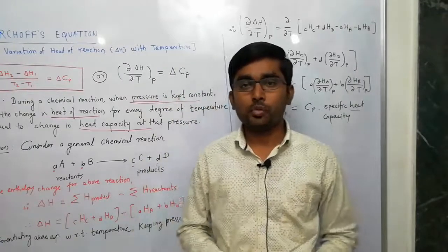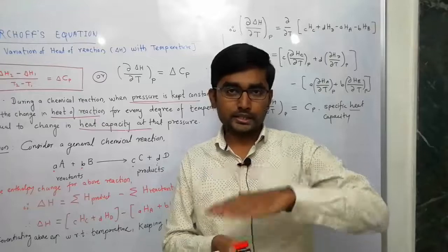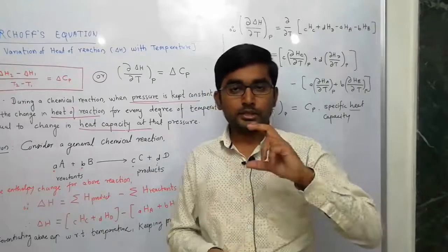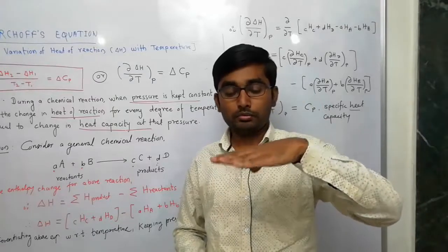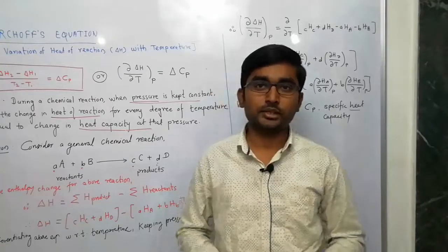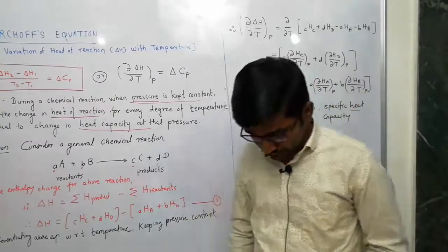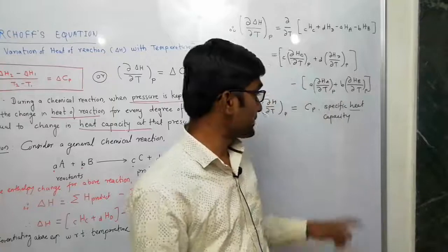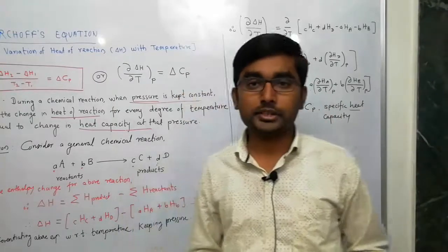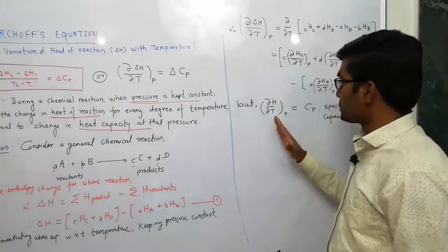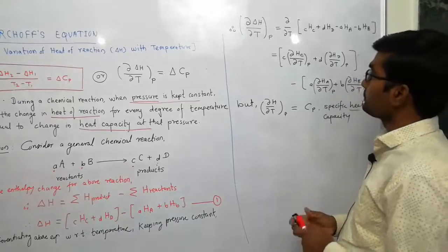It is the amount of heat required to increase the temperature of an object by 1 degree Celsius. How much heat is consumed to increase the temperature of a body by 1 degree Celsius is called the heat capacity. If we calculate it at constant pressure, then it is called specific heat capacity at constant pressure, and at constant volume, specific heat capacity at constant volume. So this delta H by delta T at constant pressure is nothing but the Cp.